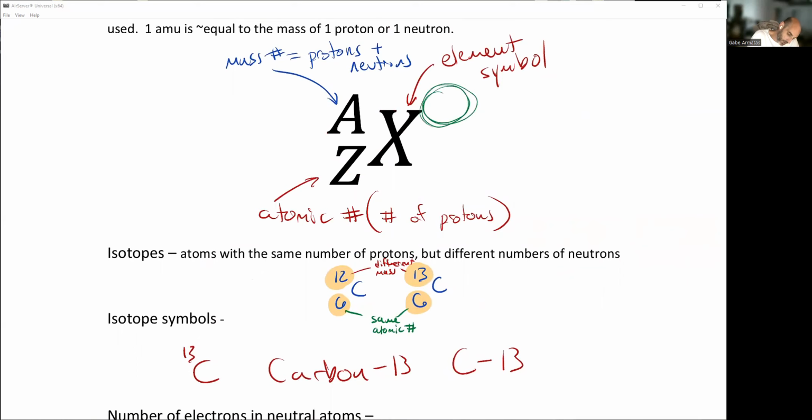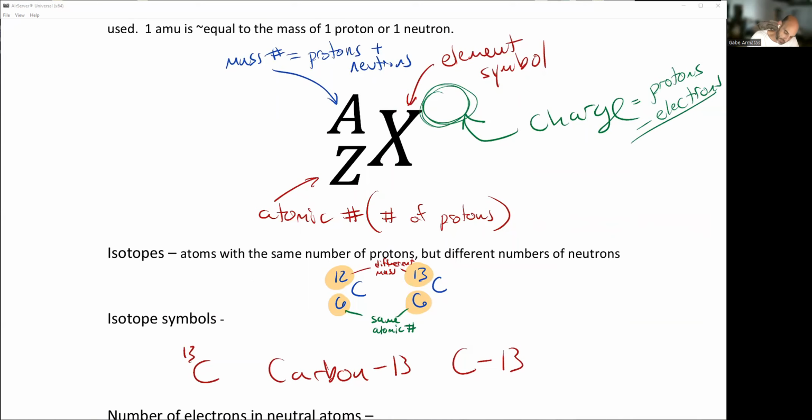Okay. The last little bit is the thing that I didn't define yet. Up here in this corner, we are going to have the charge. Charge is going to be listed as the number of protons minus the number of electrons. And that whole thing is going to give us charge.